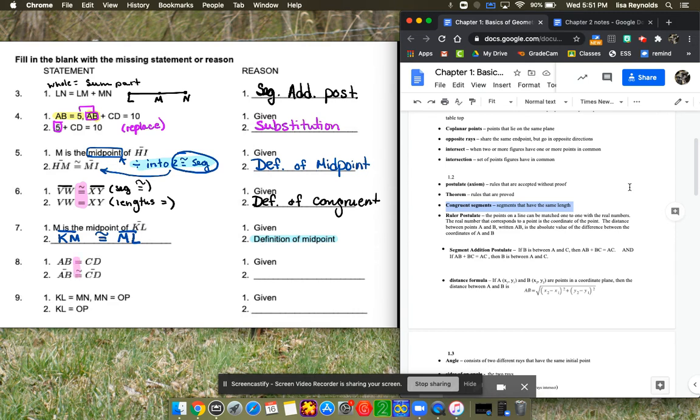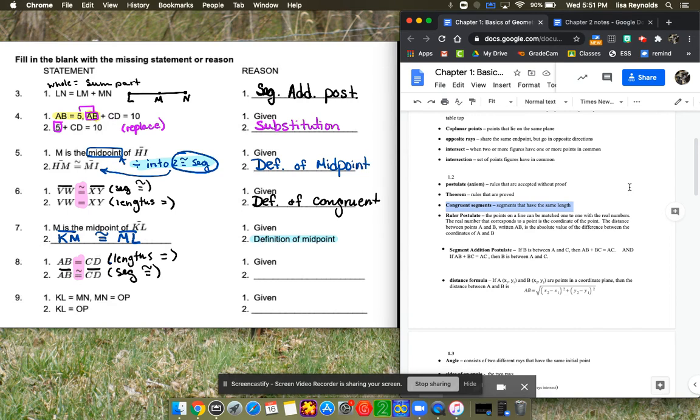Problem 8 is very similar to problem 6. We have two lengths that are equal, and then we have two segments that are congruent. Now, we don't have a definition of equal lengths.